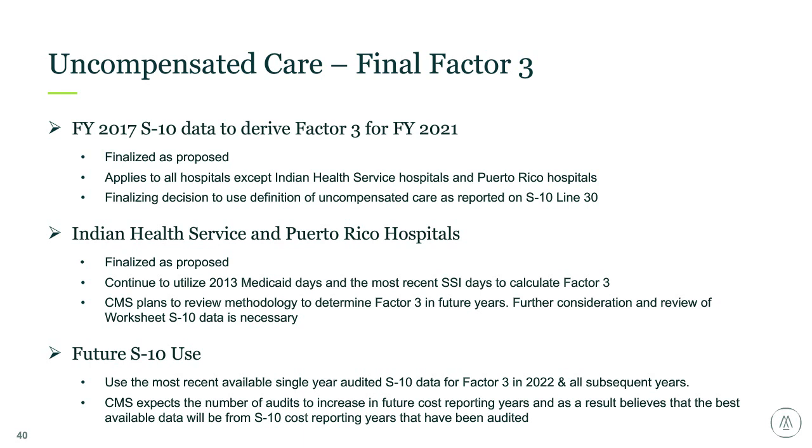They state that they expect the number of audits to increase in future cost reporting years as a result, and believe the best available data will be from S10 cost reporting years that have been audited. CMS is actually currently auditing the federal 18 cost reports for all DSH eligible hospitals, unlike the last few years where they've only audited pretty much a quarter of the DSH eligible providers.